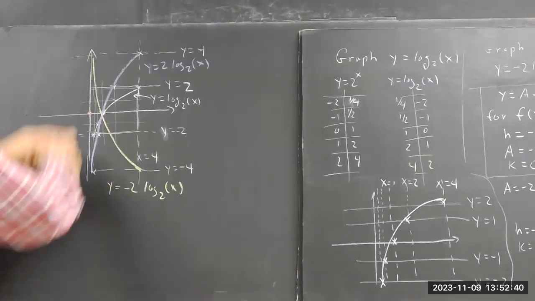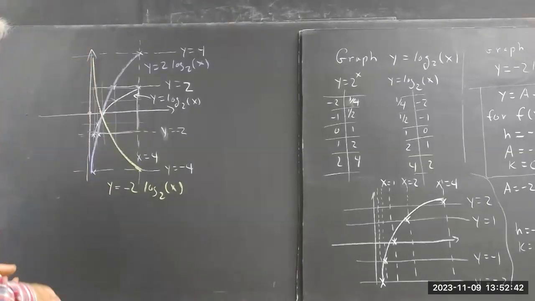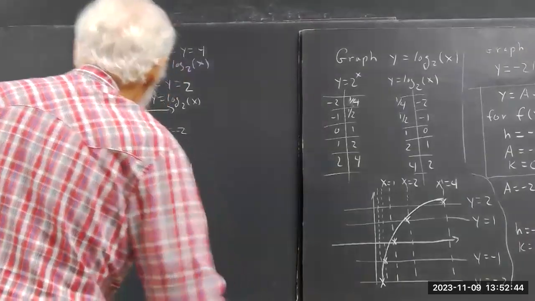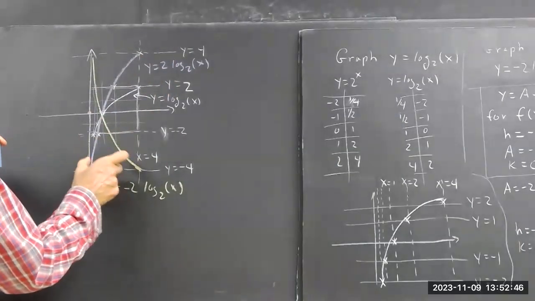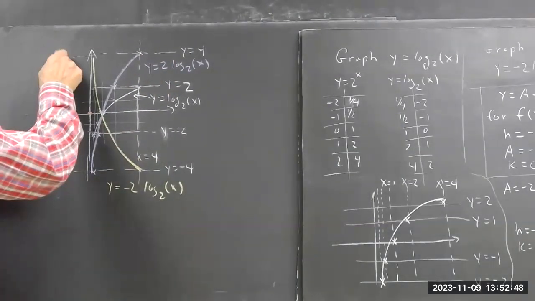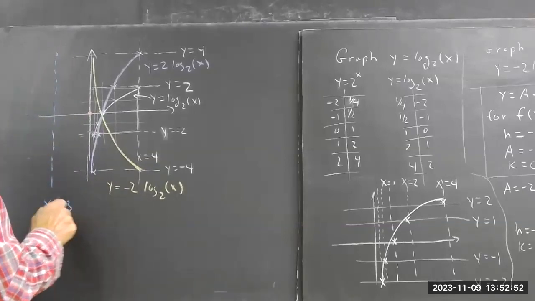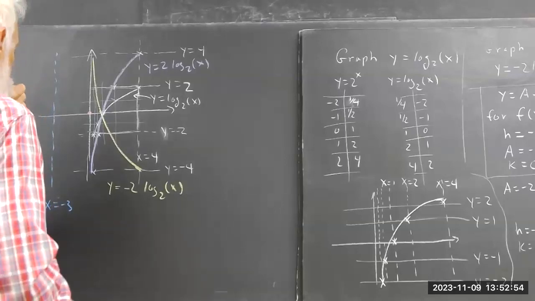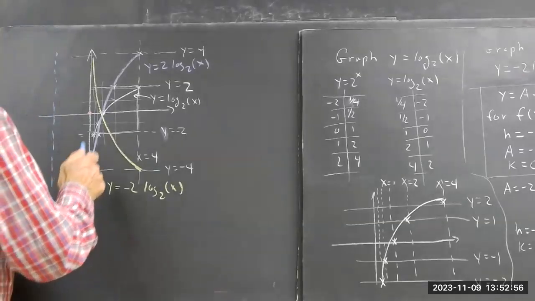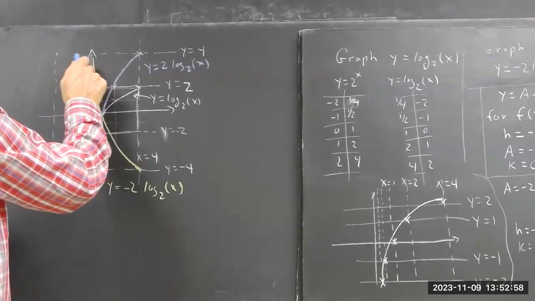So we take our vertical asymptote, which is the y-axis. We shift this over 3 units. That's 4. This is about 3. So we should go over here to x equals -3. Now we just move every one of these points over.